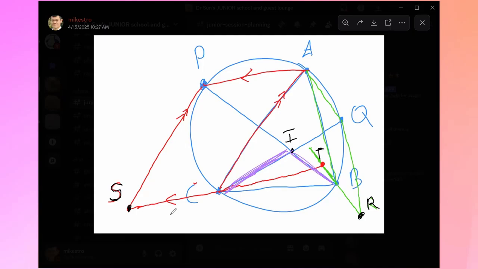But look, the green is actually a parallelogram. So BR is actually equal in length to AQ, right? And CS is also equal to AP, right?